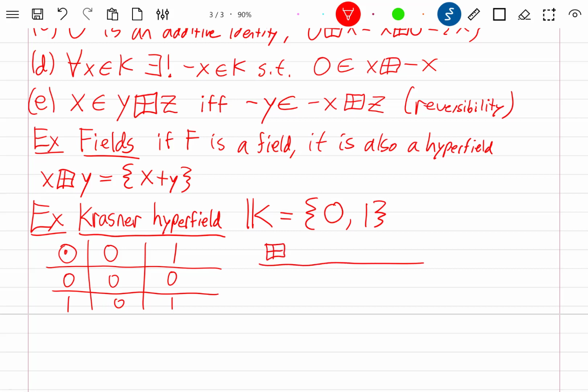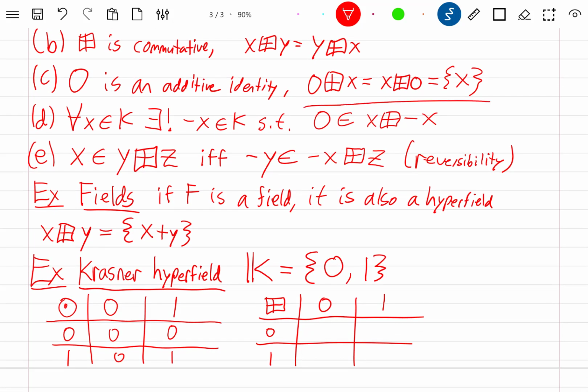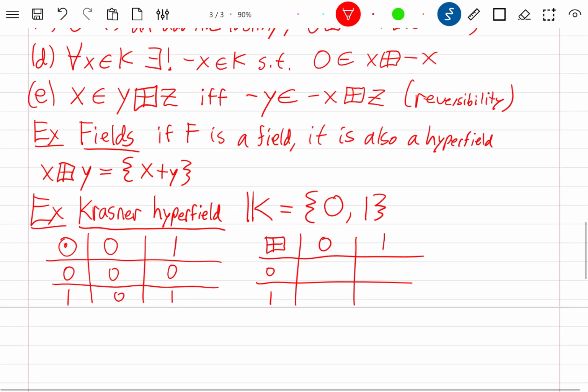As for addition, we have our 0, we have our 1, we have our 0, we have our 1. By this axiom of addition, we're forced 0 plus 0 is going to be 0. Really, it's the set containing 0, but I'm going to just omit the curly braces. And 1 plus 1, well, 1 has to have some additive inverse, so I need a 0 here.